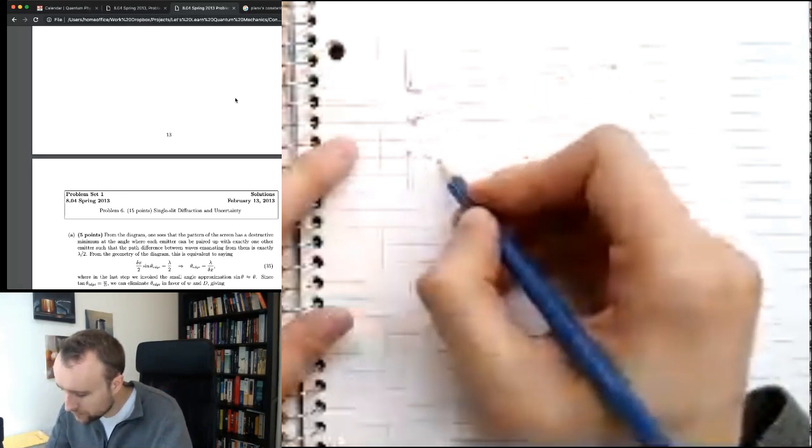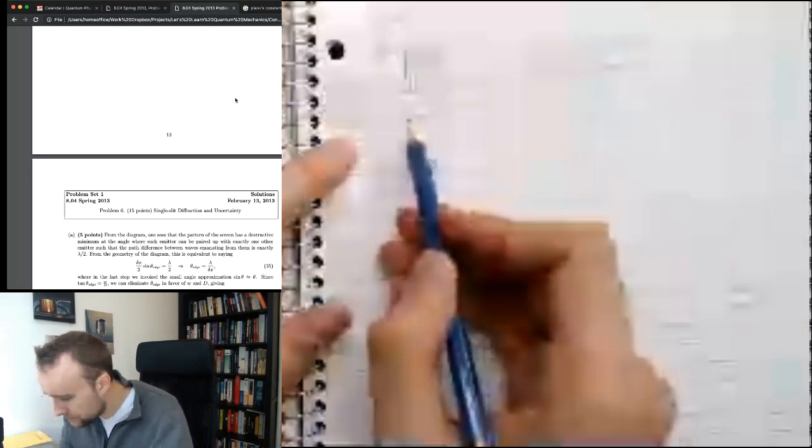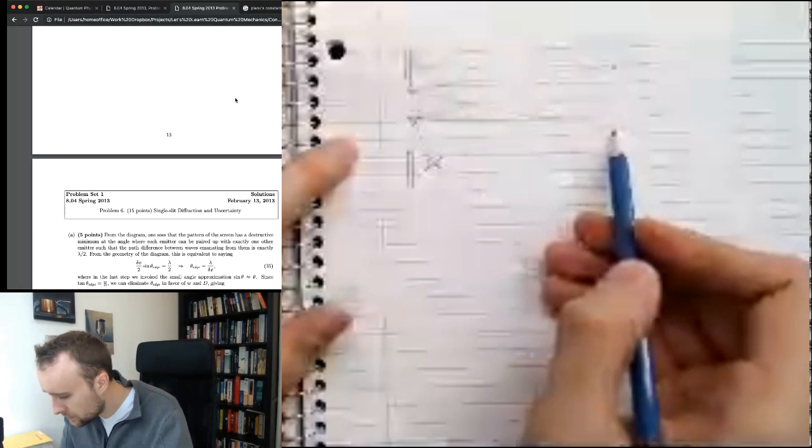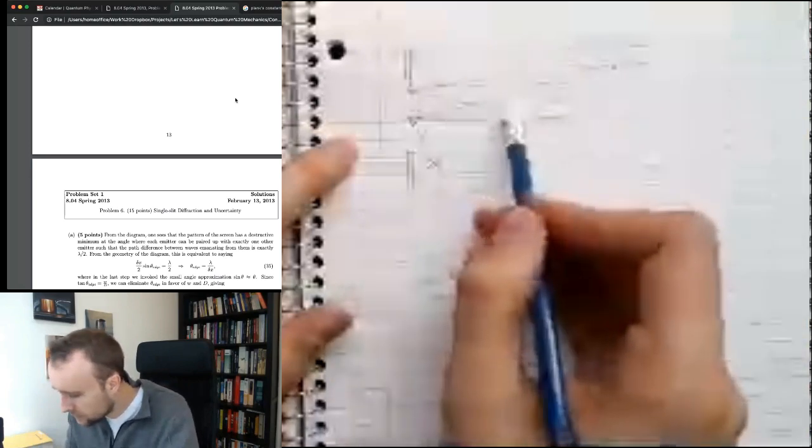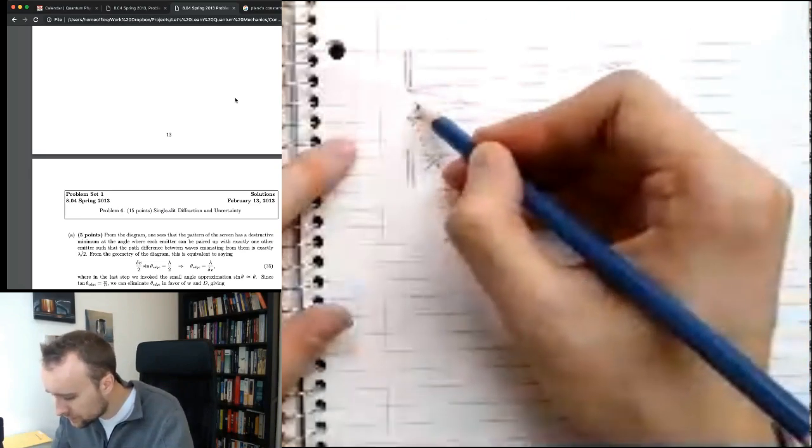All right, and so in this case, this is lambda over 2. And in this one here, where are we here? This one here is going to be the shorter one, so this one here is going to be lambda over 2.